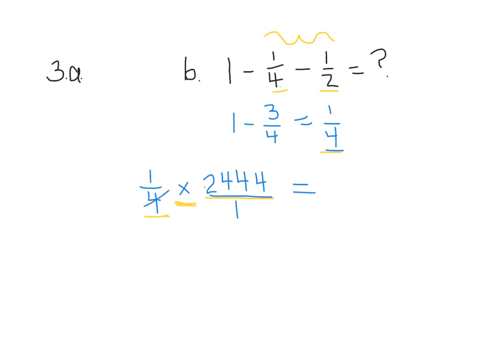I'm going to reduce by 4. That becomes a 1. This becomes 611. And then 1 times 611 is 611 over 1, 611. So he has $611 left in his savings.